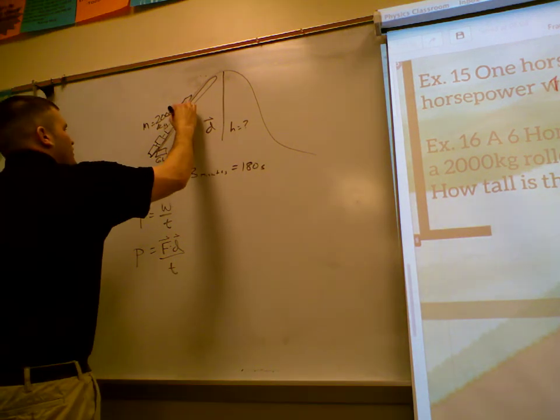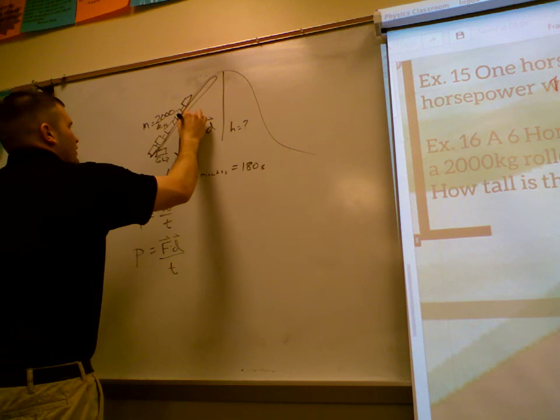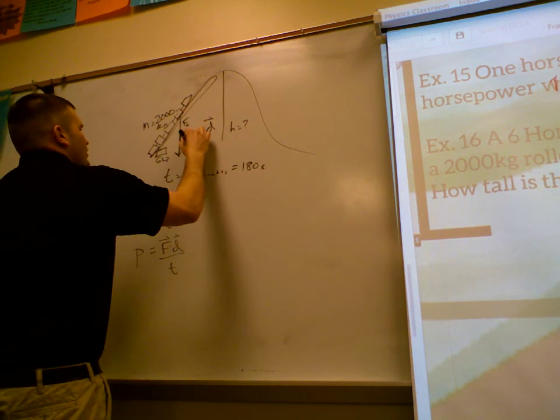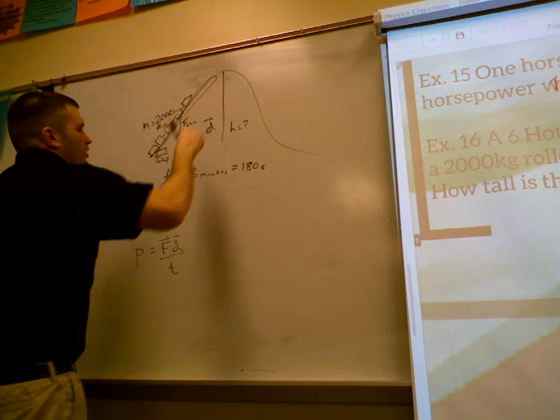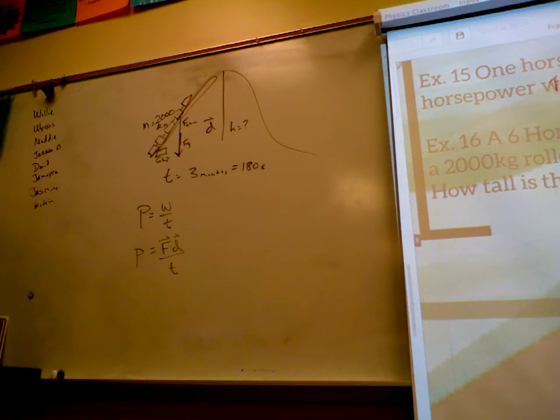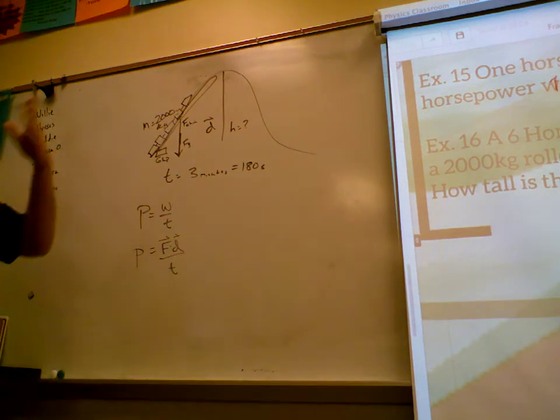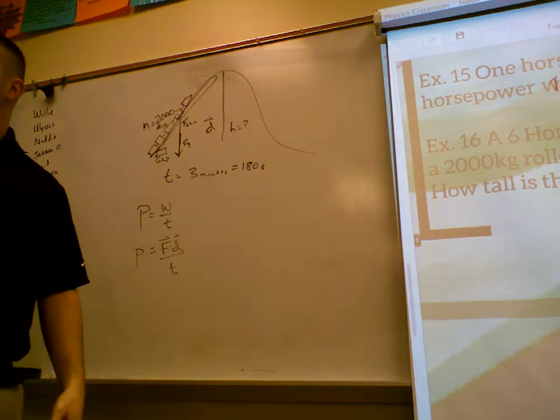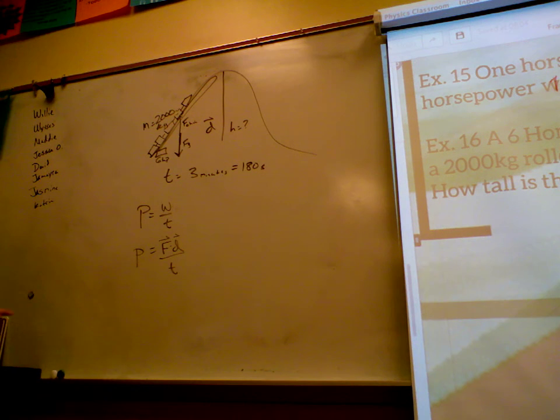Now I know that force is along an incline, and we could figure that out if we need to, but they don't ask for that. They just want to know how tall the roller coaster hill is, right? So this is the part of the chain's force that's vertical. Does that make sense? So we need to figure out that D.